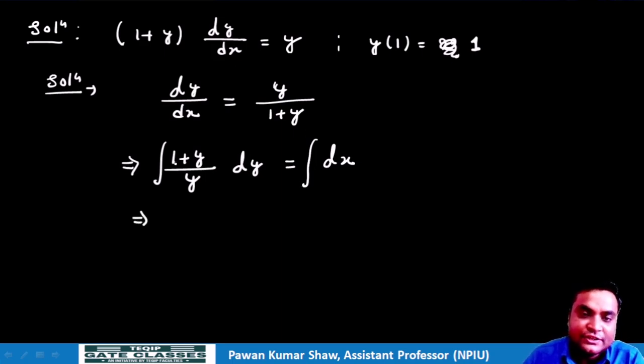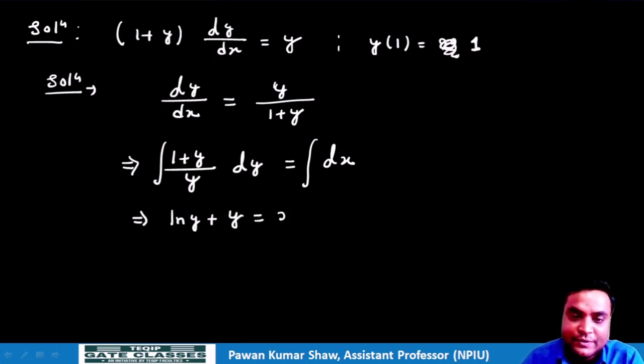What will be the integration? 1 plus y divided by y, so that will be 1 by y plus 1, so that will be log of y, and the integration of 1 with respect to y will be y, and here it will be x, and we are assuming that the constant is log c, because one term is a log, so we want to remove that term, that's why I have taken log c.